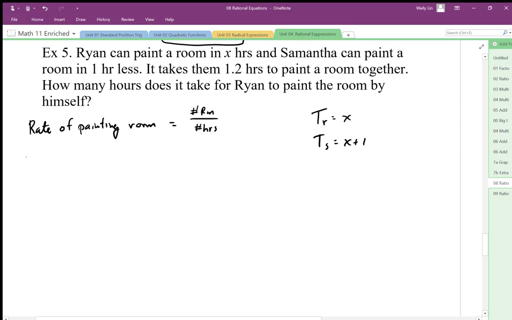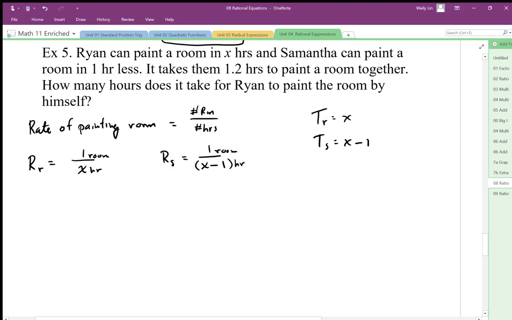So I'm going to say that the rate for Ryan is going to be 1 room in X hours. And the rate for Samantha is going to be 1 room in X minus 1 hour. Samantha takes less time, so she was minus 1. She's faster, so this is 1 room in X minus 1 hours.